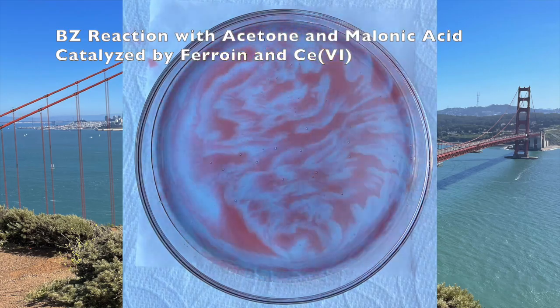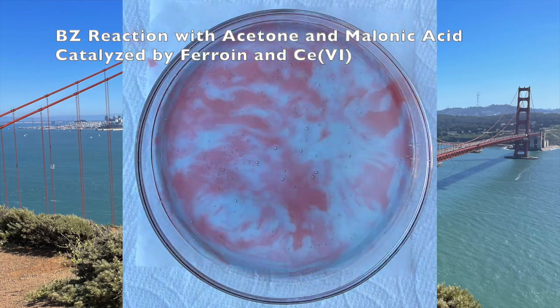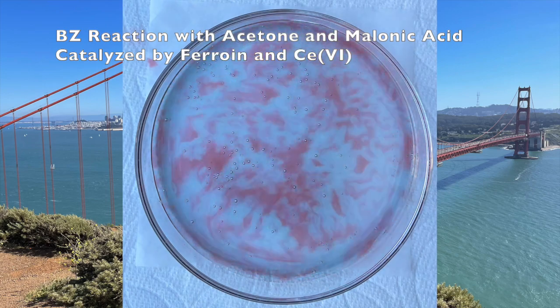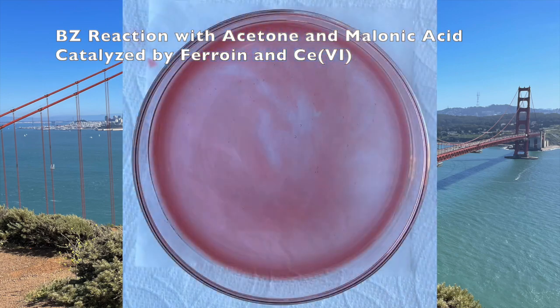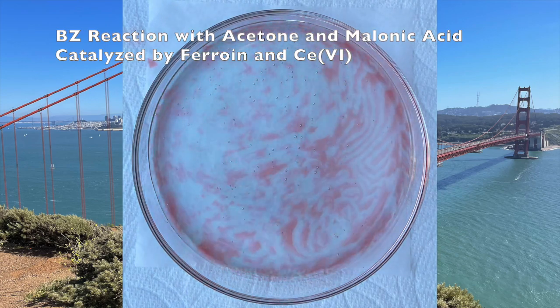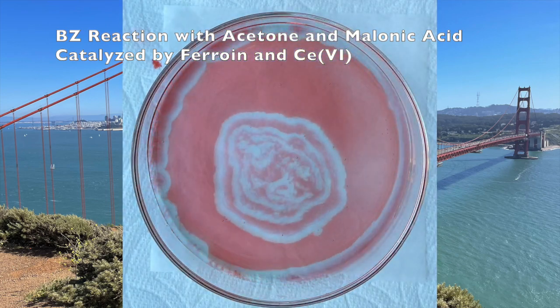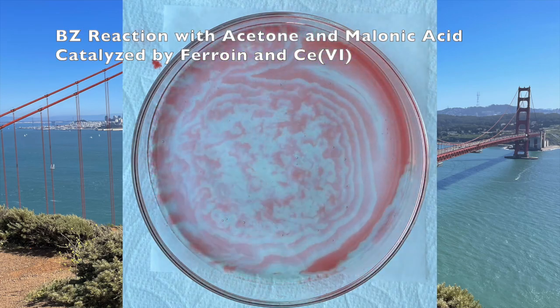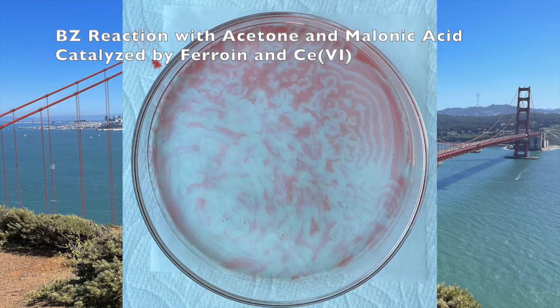The video you have witnessed in an earlier episode consists of the BZ reaction with both malonic acid and acetone. Instead of using ferroin as the only catalyst, it utilized both ferroin and cerium 4 ions as catalysts.